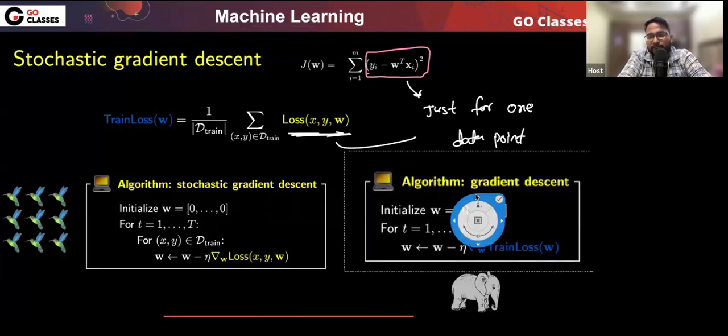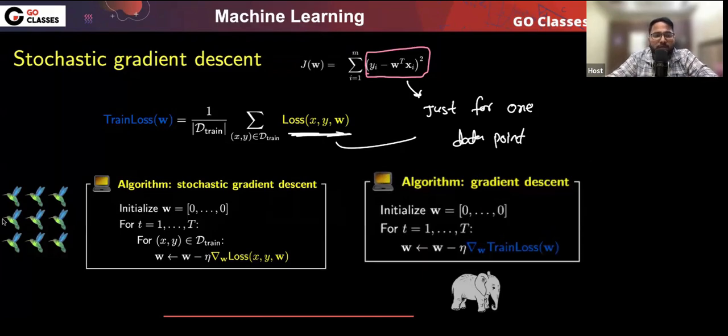Here you are using the train loss for your update, but here you're using just a loss, which means that to update your W, you can take some data point and update your W. Don't worry about the iterations for now. You keep on updating your W just based on one data point.